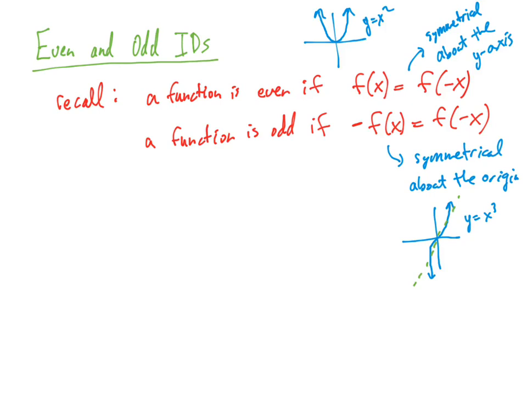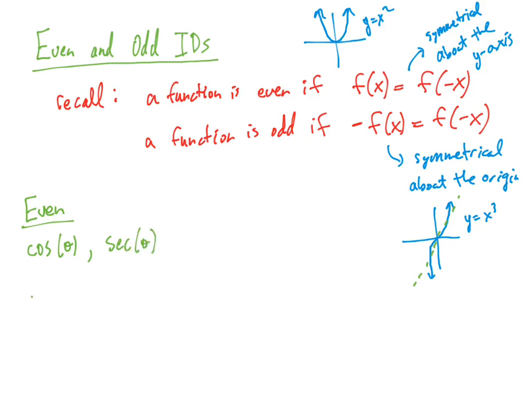All right, so some of the trig functions are even, some of the trig functions are odd. So let's see, what should I start with? How about the even functions? So the even trig functions are cosine of theta and secant of theta.